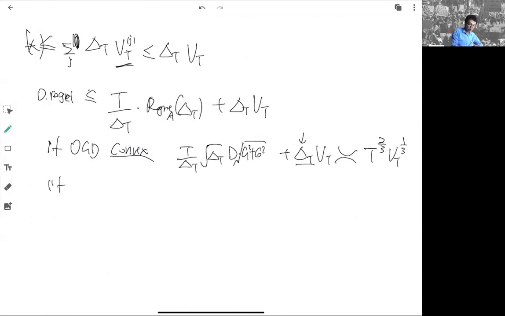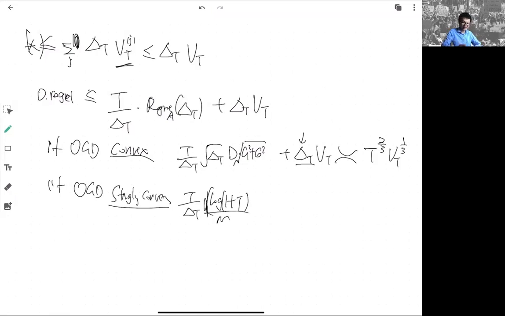If you use OGD for strongly convex functions, what you get is T over delta T times log of 1 plus T, maybe divided by the strong convexity parameter, times G squared, plus this term.